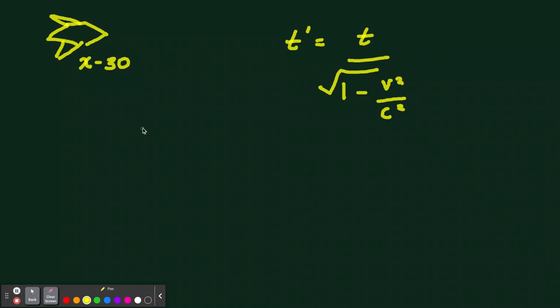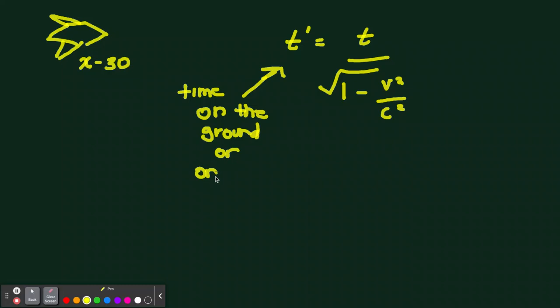So T prime, right here, that is the time of the stationary object. Or we should say on the ground. The time on the ground, or on Earth, wherever you're stationary, that's what T prime would be.